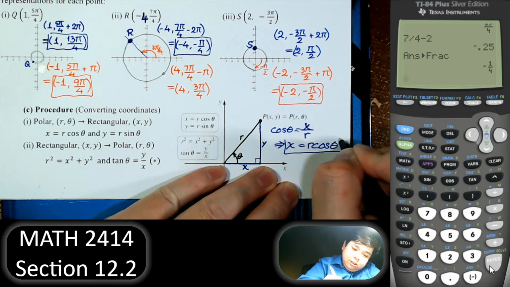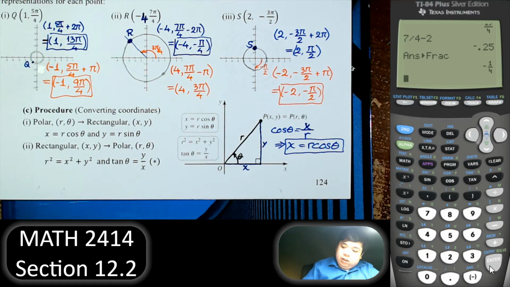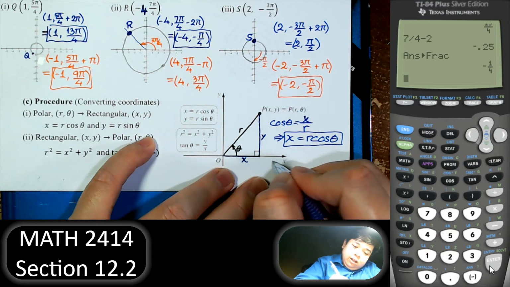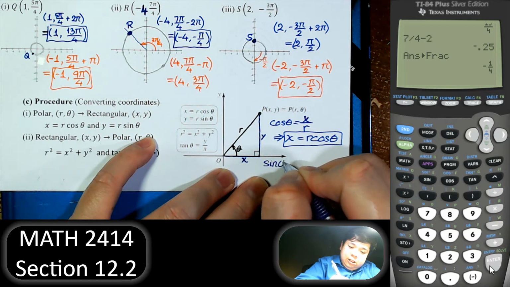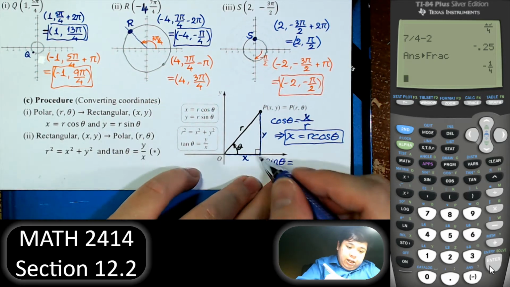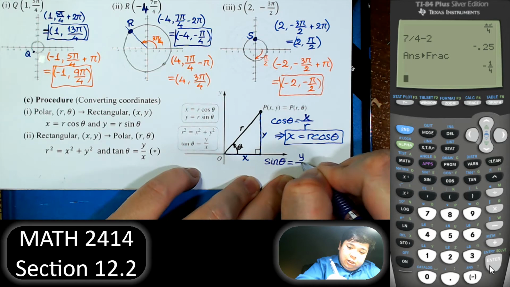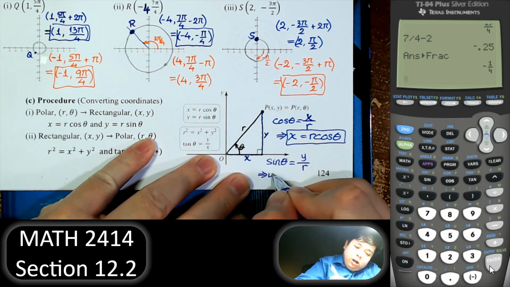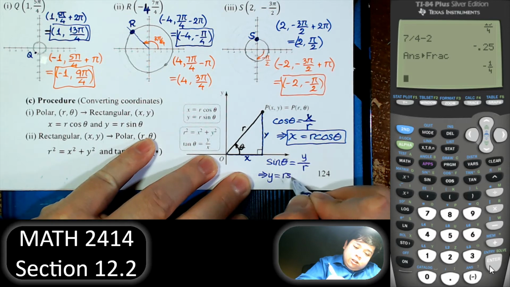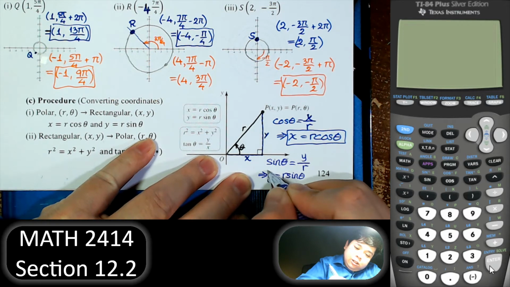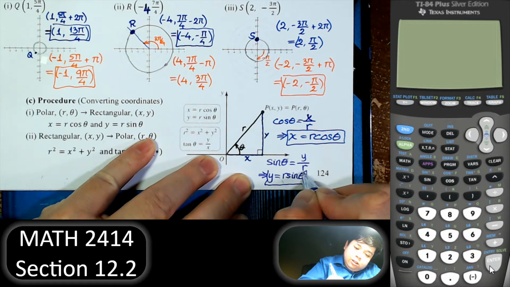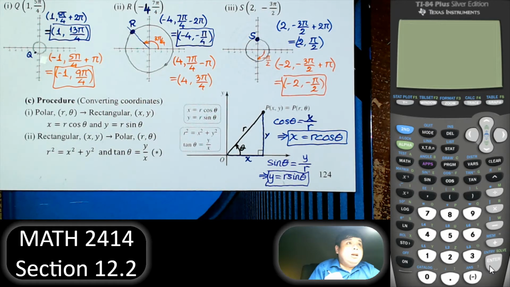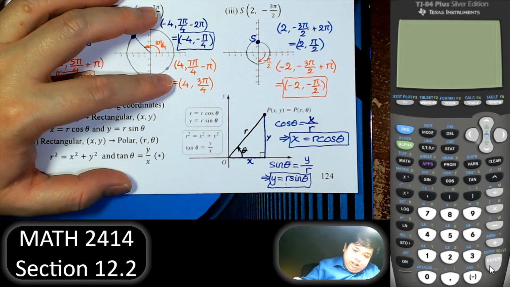And then we have sine of theta is opposite over hypotenuse. So y is r sine theta. Right, which is what we have here.